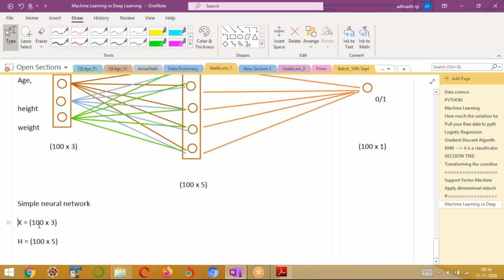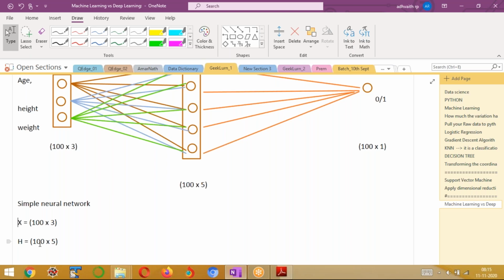You have created an empty structure of 100 by 5 for the hidden layer, but you have to pass values from the original X to fill it. So how is this passing going to happen?